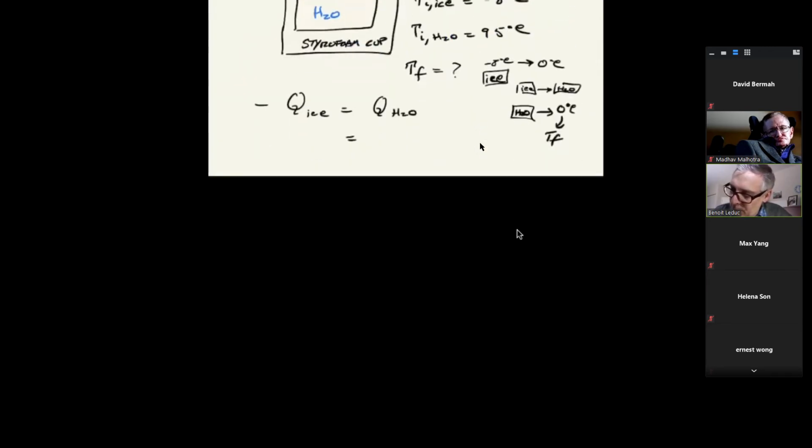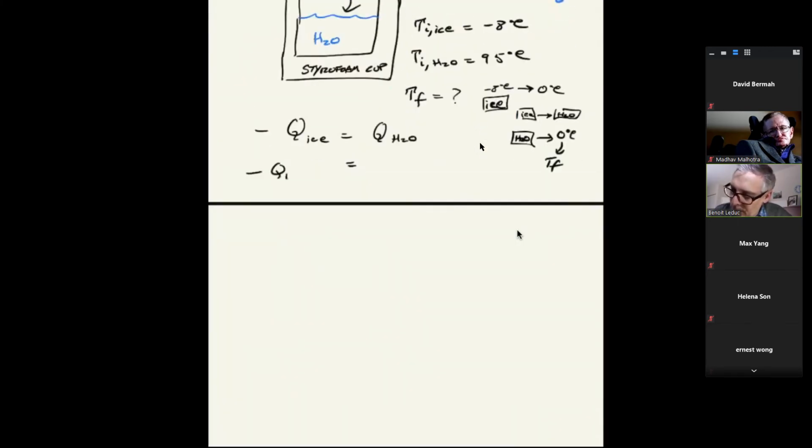So this is what you do here. Let me put it here. You have warming ice from -8 to 0 degrees Celsius, plus... Should the other side be H2O because you have two sides of ice?